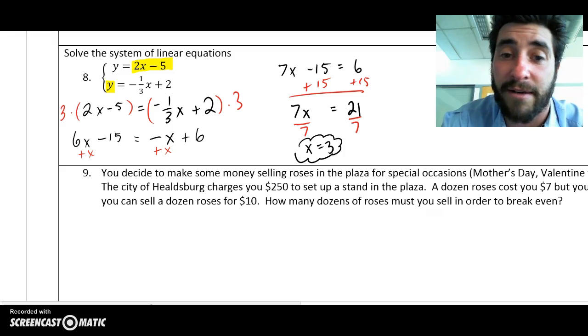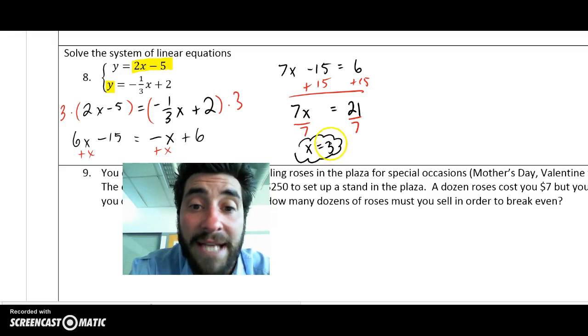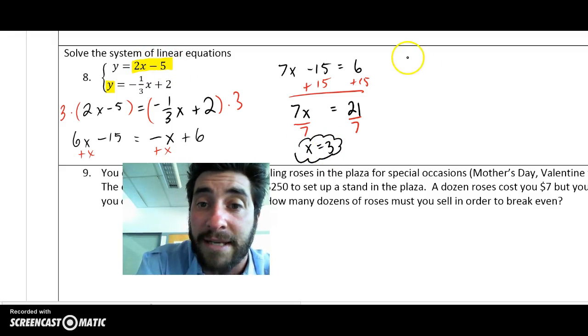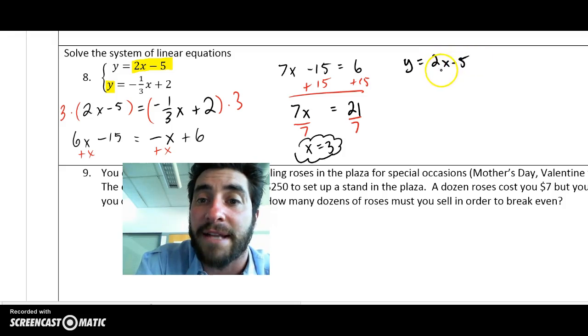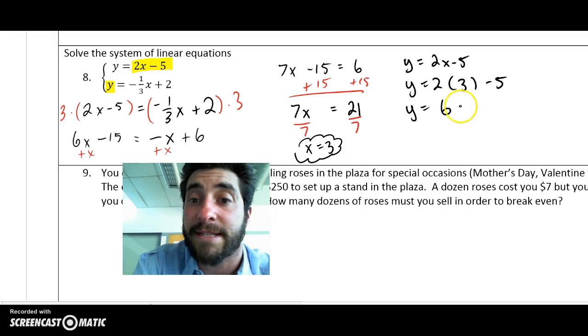Alright, let's move me down here. How can I find out what y is? Well, if I know what x is, I can plug it in for x. So take your equation, y equals 2x minus 5, and instead of x, I'm plugging in 3. I'm substituting. And I get y equals 2 times 3 is 6, minus 5, y equals 1.